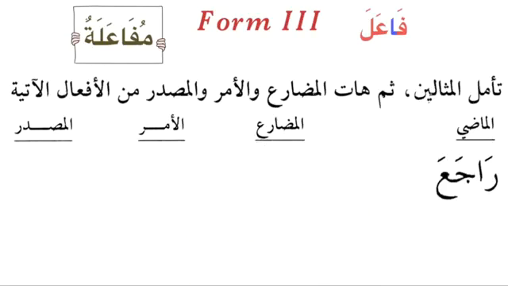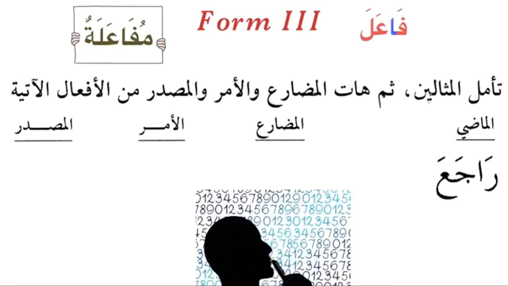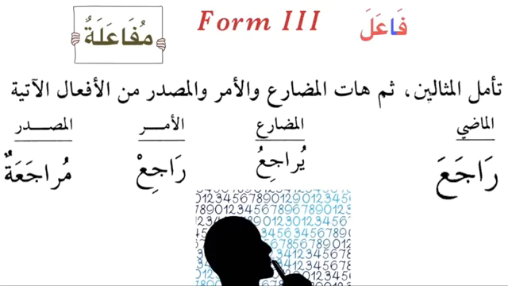Murasalatun. Raja'a. We know raja'a, he returned. Raja'a is something you have learned and you have to go and visit back. So it is basically to revise something, to think about it again. So raja'a is to revise. Mudari' is yuraji'u, amr will be raji', and masdar will be muraja'atun.